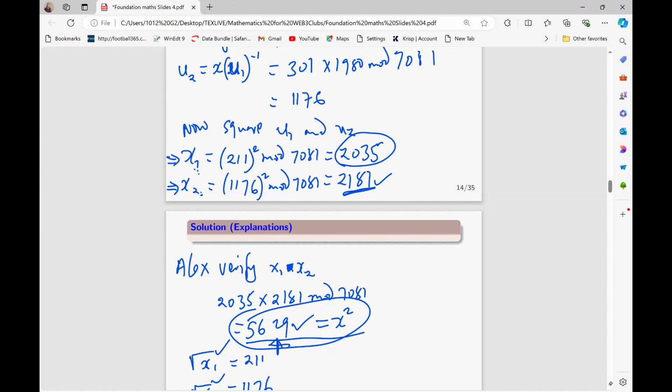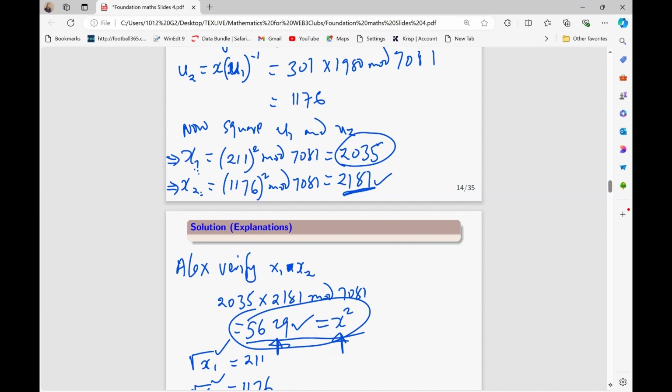Then using those same moves, Alex confirms whether you can get the square root of X1 and X2. So if you can, it means you can get the square root of X squared. That's what Alex and Cyprian did.